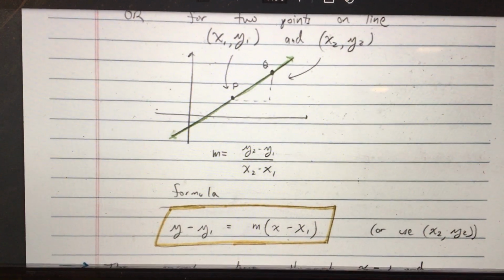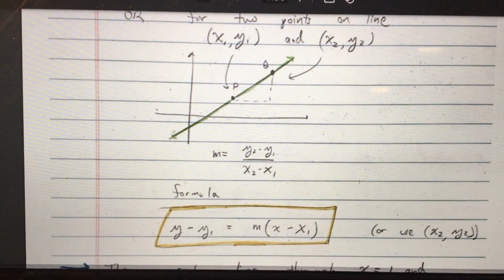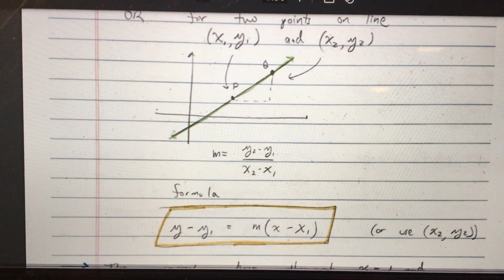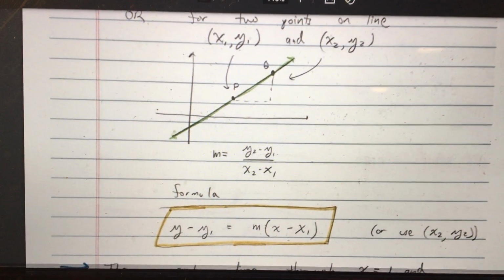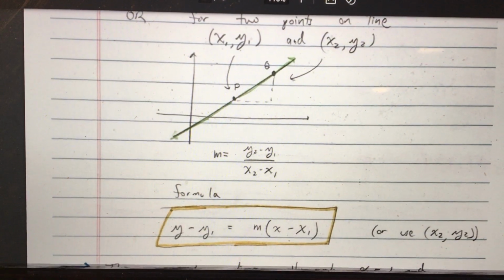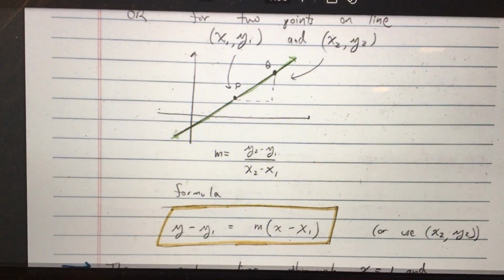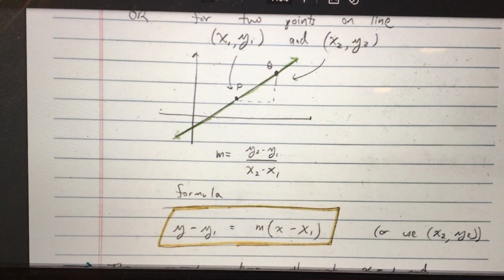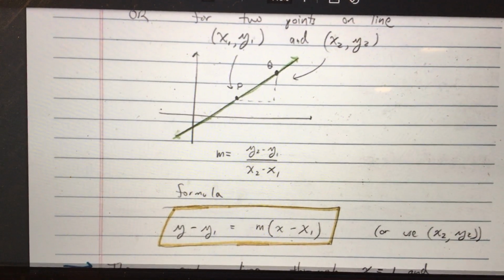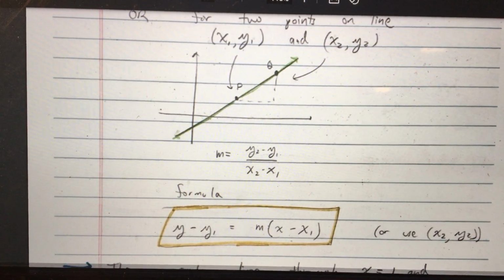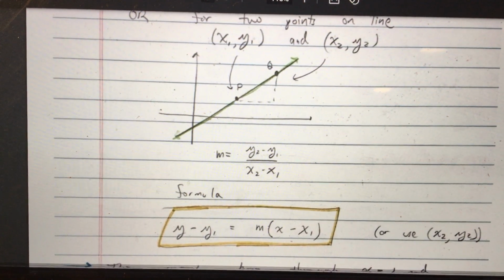Doesn't matter which point you pick. You could also pick the other point, x2, y2, or anything else. If you do write it down like that, you also have the option then of simplifying it by multiplying through the parentheses and adding up the constants to get back to the slope-intercept form, which will give you the same answer no matter which point you use to begin with.